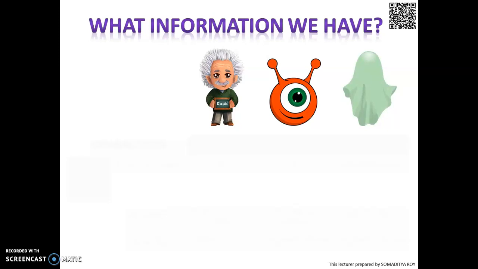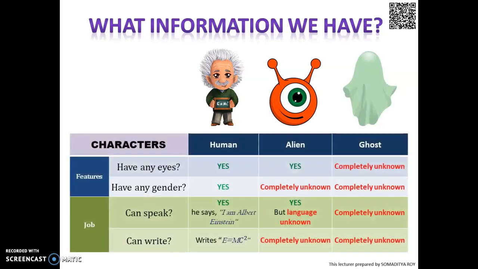Now here in our example, we have three different characters or three different concepts. These are human, alien and ghost. For simplicity, we talk about two features and two jobs. Let us first see the first feature, which is eyes.